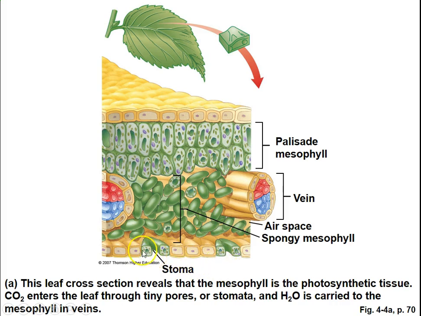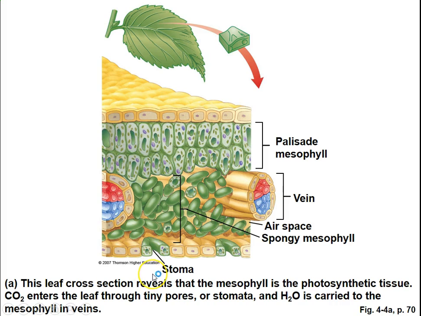And the stomata are open generally during the daytime, and what they will do is allow carbon dioxide to enter the leaf and oxygen from photosynthesis to exit the leaf. Now the other thing that happens is these tiny openings allow for an enormous amount of water, in the form of water vapor, to exit the leaf, going out into the atmosphere.